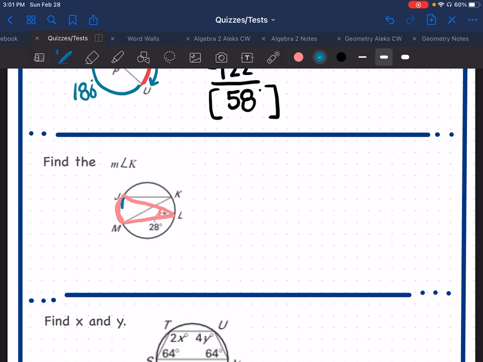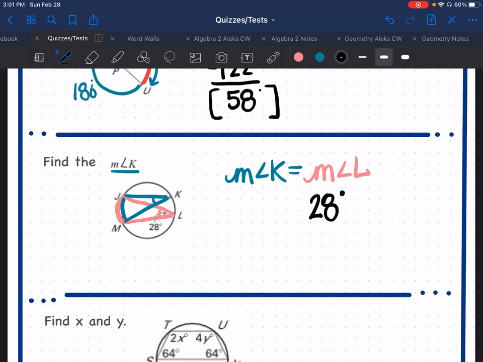So let me follow this chord back and this chord back. There it is. The measure of angle K, which is this one right here, is equal to the measure of angle L, which is 28 degrees.